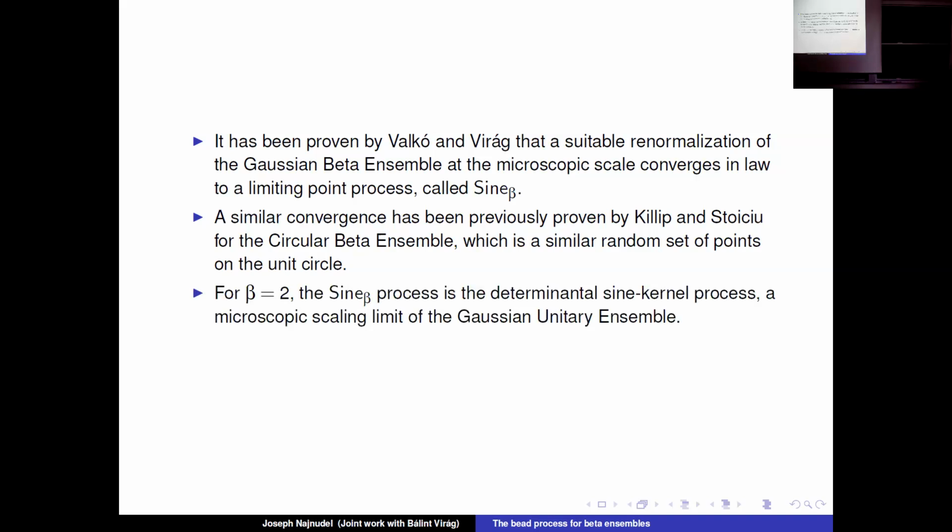And for beta equals 2, the sine beta process is the determinantal sine kernel process, coming from the Gaussian unitary ensemble. So this is the sine kernel point process corresponding to one line of the bead process by Boutillier, if we compare with the beginning of the talk.